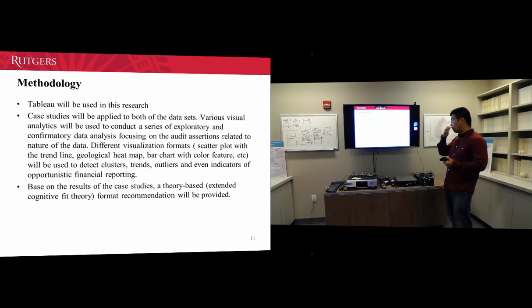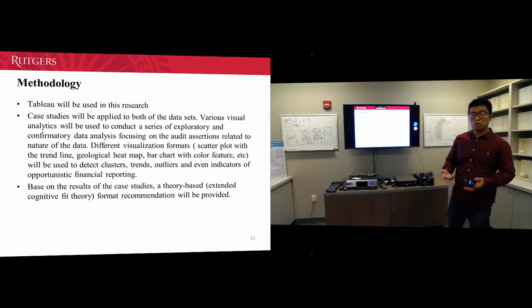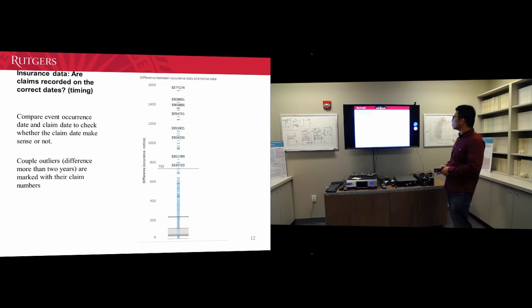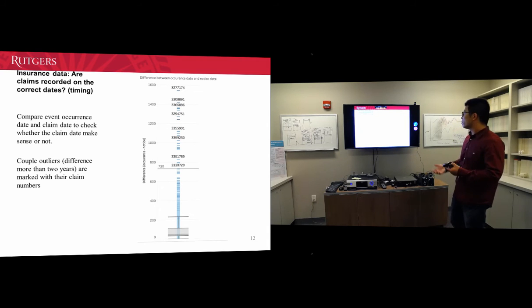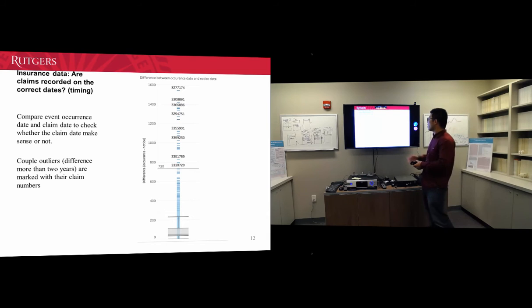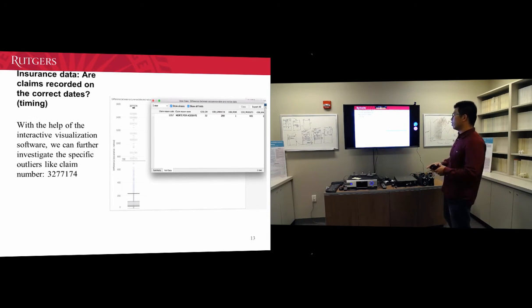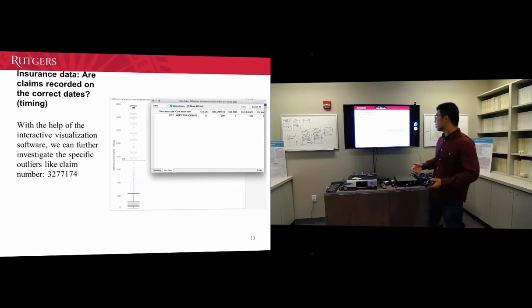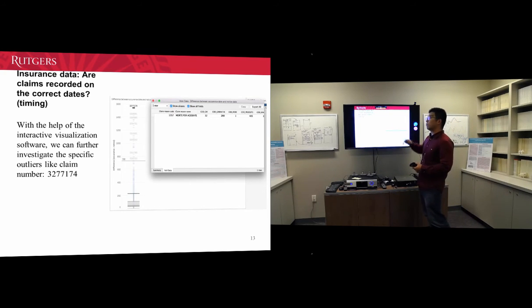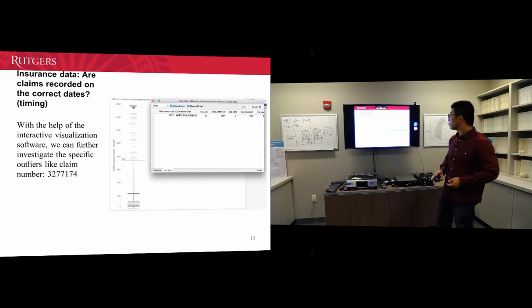So I conduct two case studies. One is a case study related to the insurance data. Another one is a case study related to the government data. During the first case study, we use Tableau to find outliers through box plots, and with the help of interactive visual analysis, we can further investigate those suspicious data points.